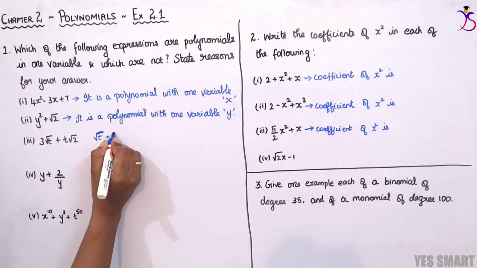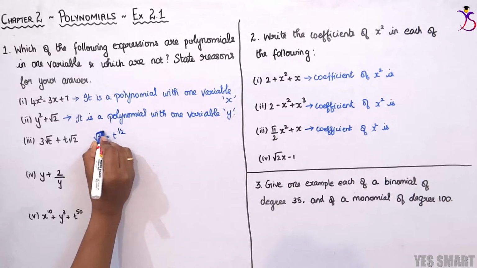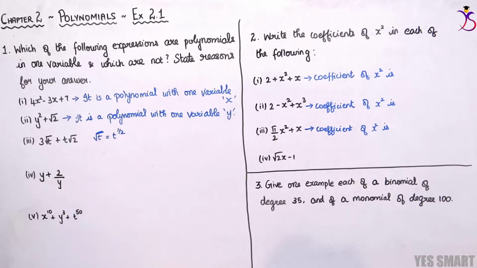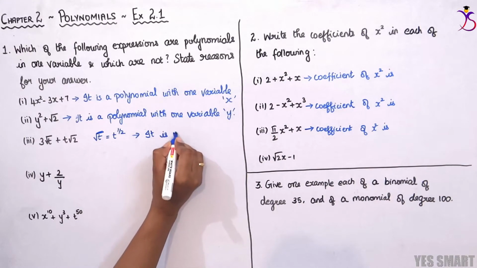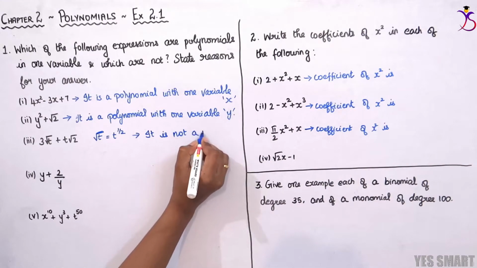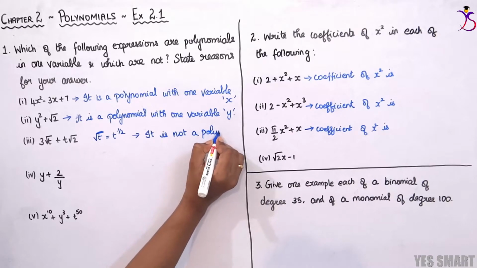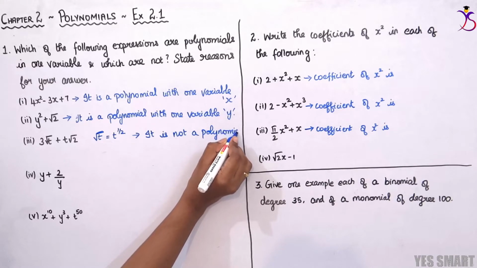For any polynomial, we will not have the powers in fraction. We will have the powers only in whole numbers. Therefore, it is not a polynomial. This is not at all a polynomial since the power is a fraction.